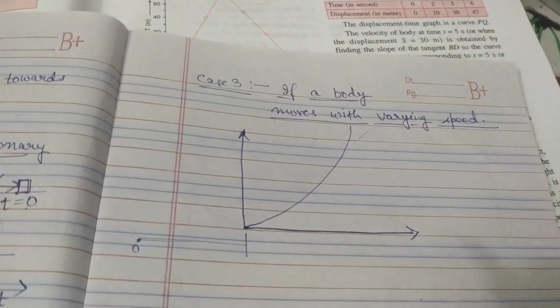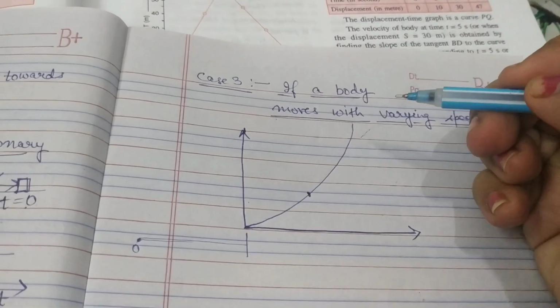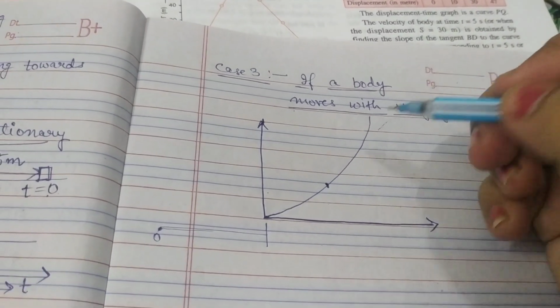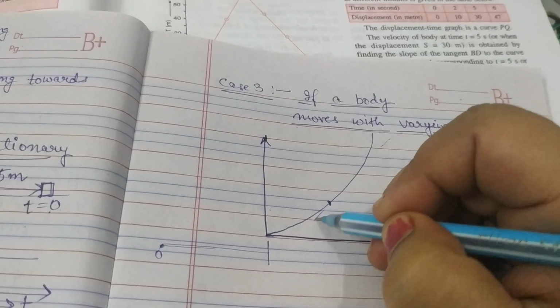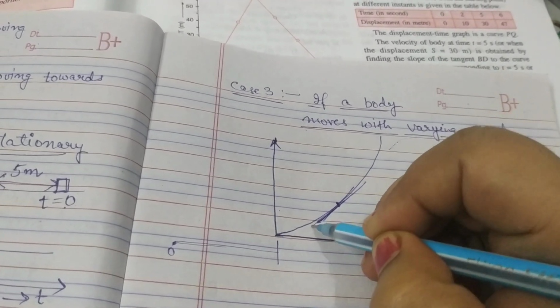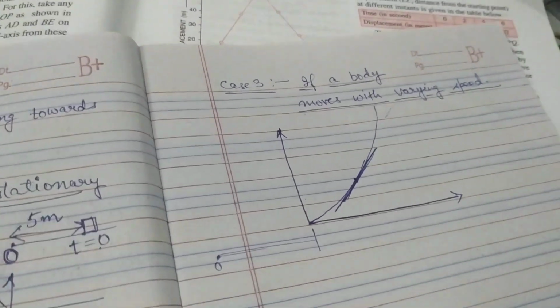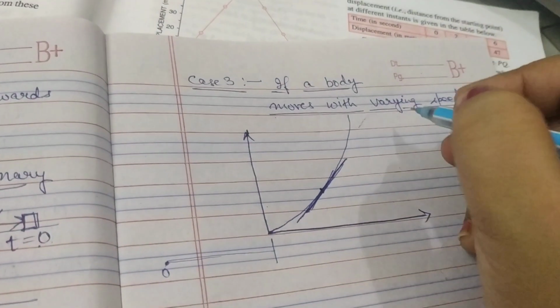And see here, at any point, how will we get the slope? We just draw a tangent over here, like this, and the slope of this tangent will give the speed at a particular point.